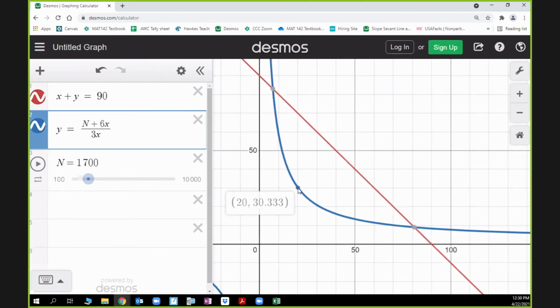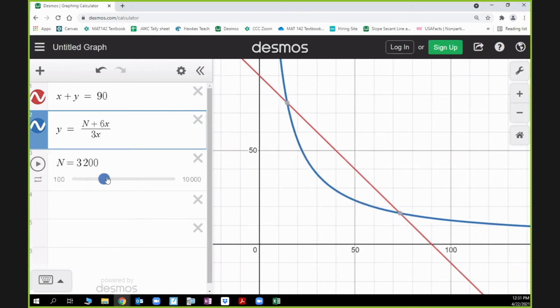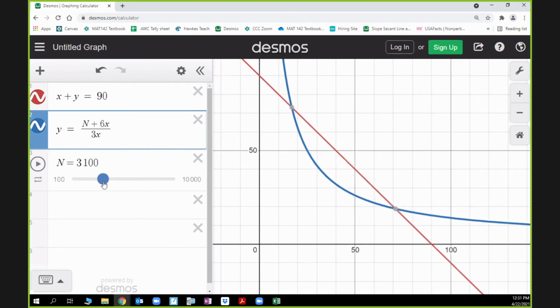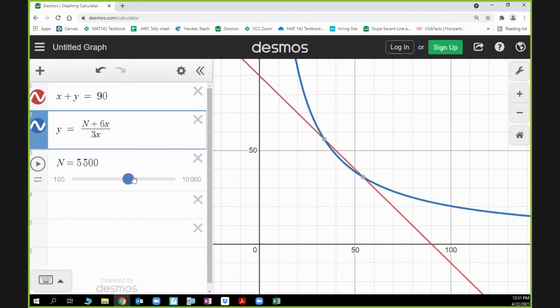So the goal of the Lagrange multipliers is to find this sweet spot where we're producing as much as possible while using our whole budget. We don't want to be under the budget curve, because then we're not spending as much as we could be, so we're not producing as much. But we also can't go above.